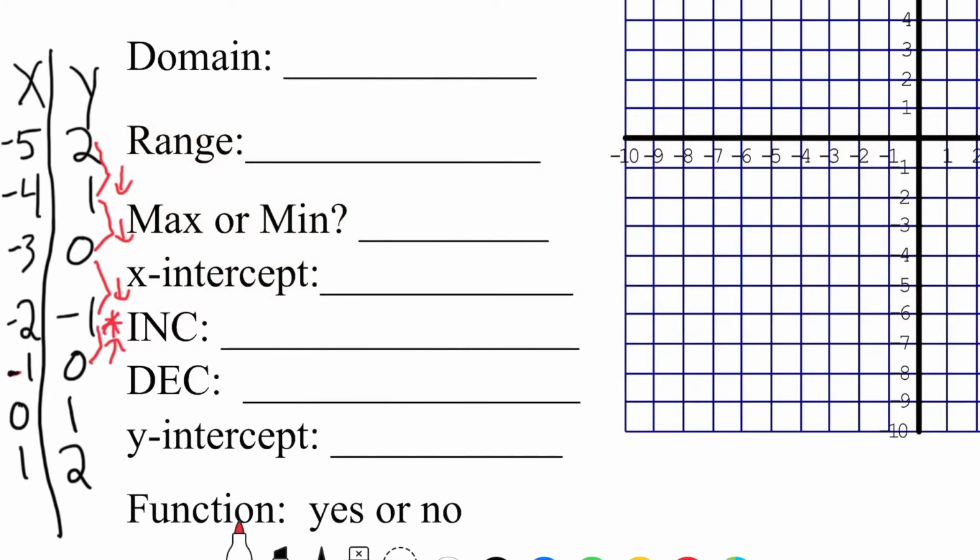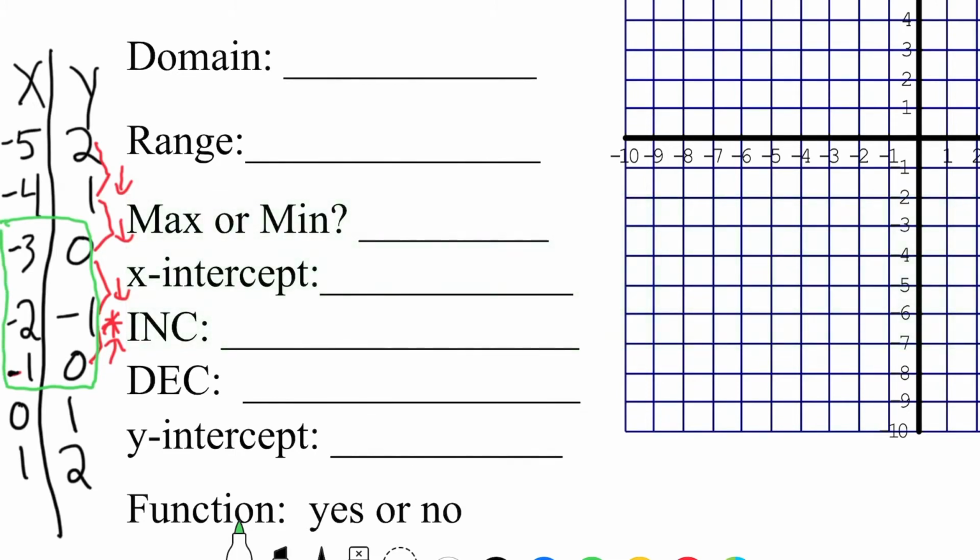Right here, it changes directions. So as long as you have (-2, -1) and (-1, 0), I don't care which points you plot, as long as there's 3. You have to have 3. So I'm going to select (-3, 0), (-2, -1), and (-1, 0).